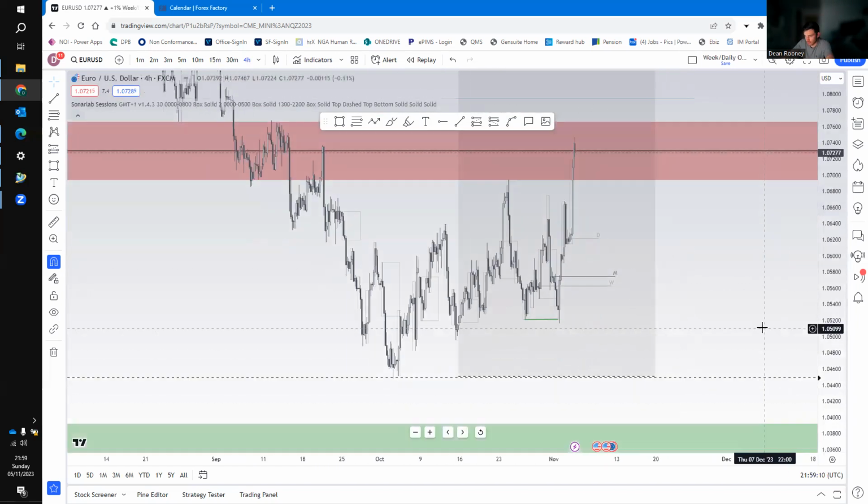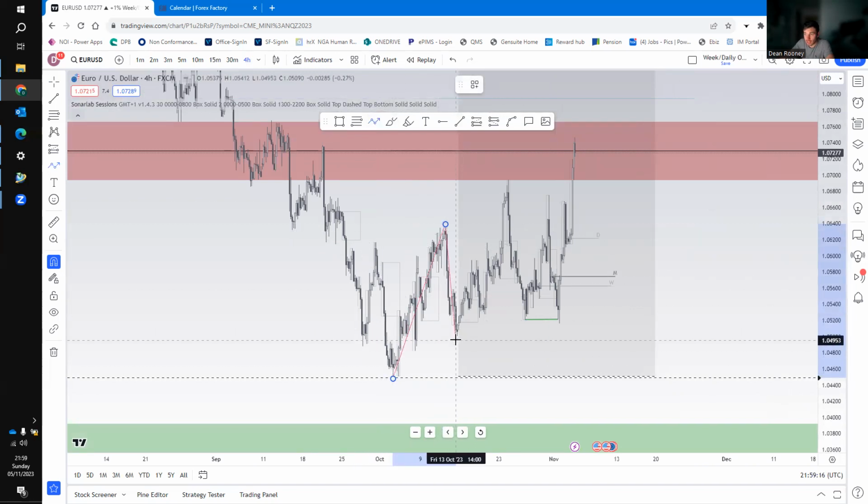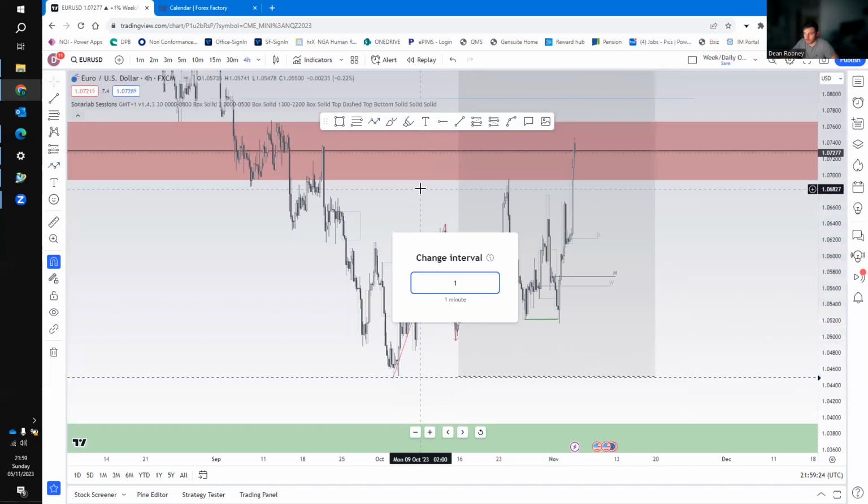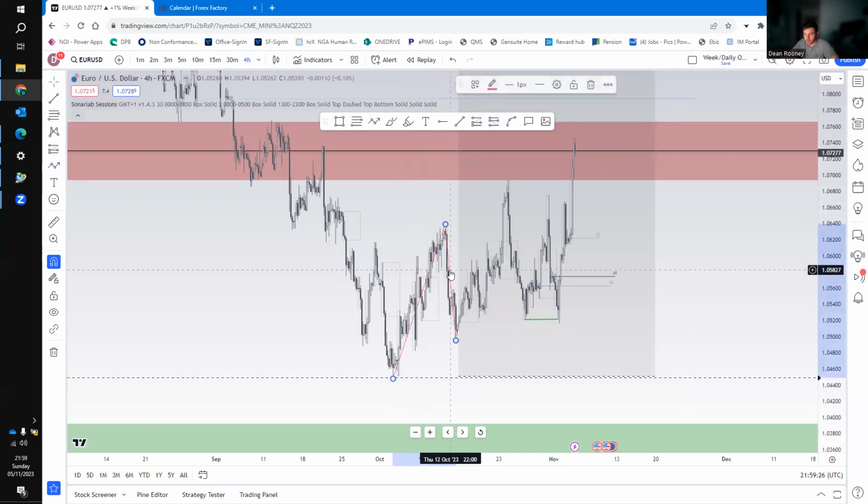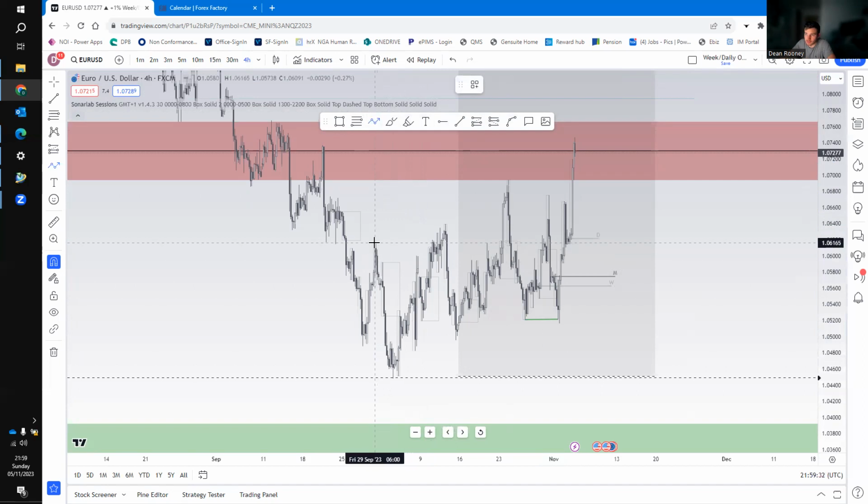So if you look at it here, this is what people will see: a low, a high, a lower high. Excuse me, I've just confused myself there. So what we've got here is a low. If we start here, this is a swing point, the starting point.